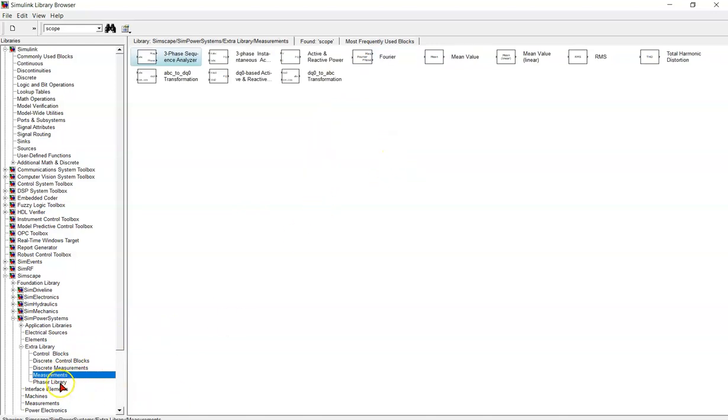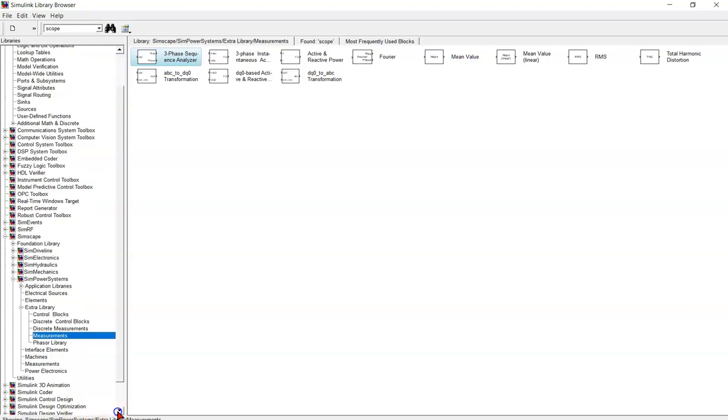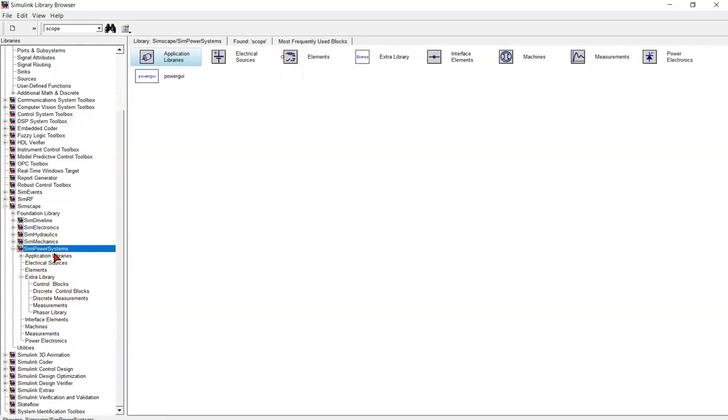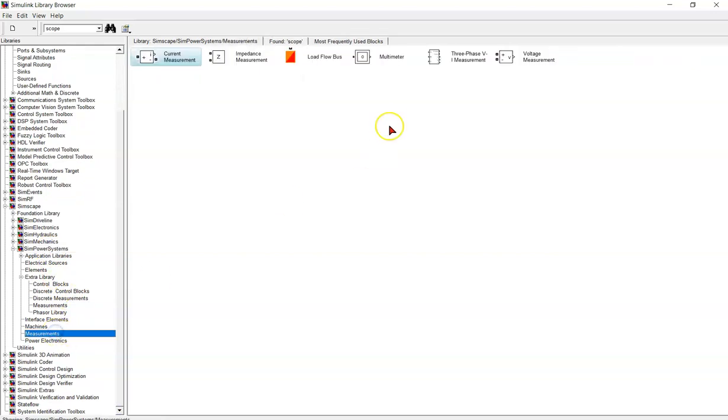The next important measurement tools: I want to measure the voltage and the current. So we need to look under the SimPowerSystems tools. We choose Measurements.